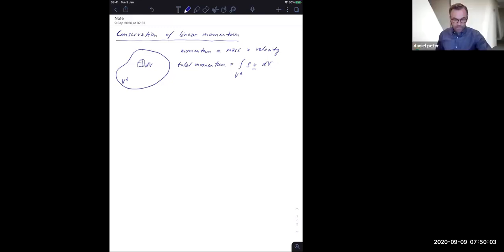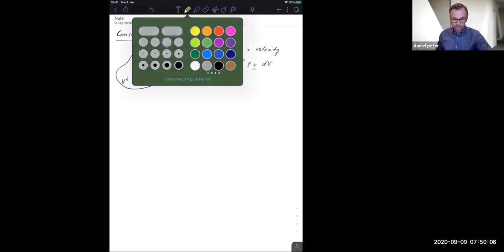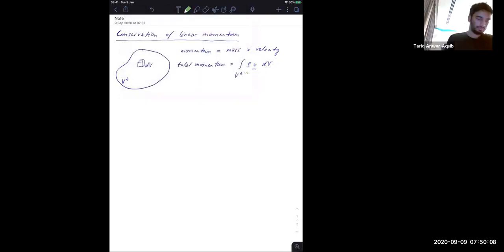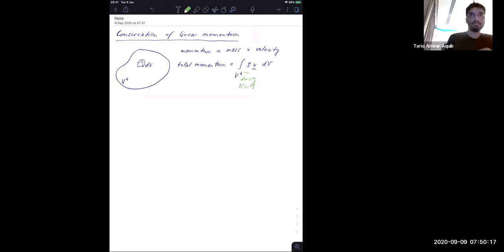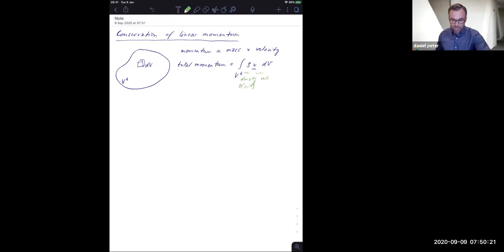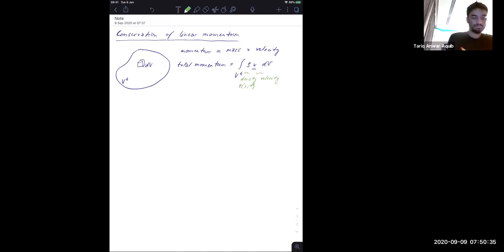So we have density, rho, and like last time, depends on position x and time t, and then v, velocity. So again, a function of position and time.